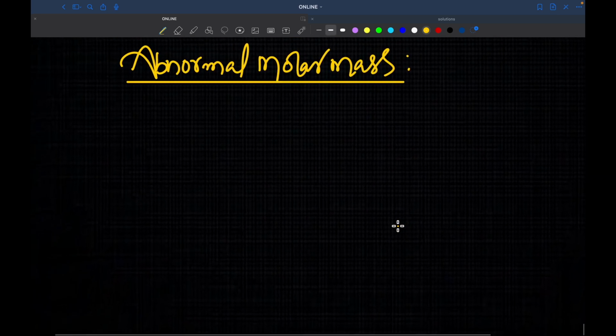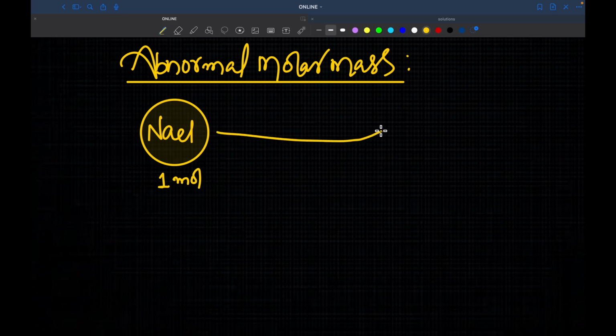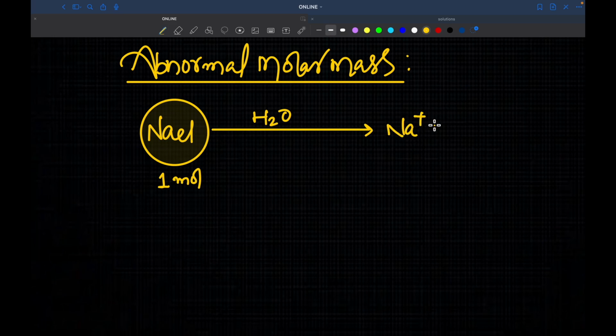But in case of a non-ideal solution, for example, I took NaCl, this is 1 NaCl. How many moles are there here? 1 mole of NaCl is present. But if I dissolve this in water, what will happen? NaCl will dissociate to give Na plus and Cl minus ions.